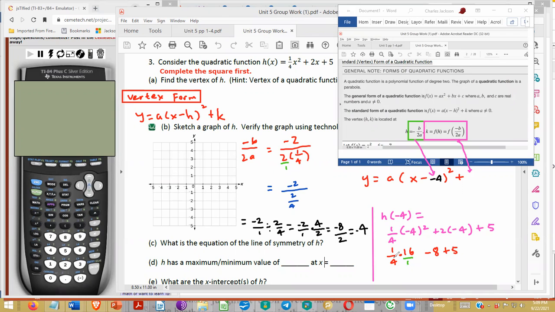Sixteen over 4, if we multiply across, that's 4. 4 minus 8 plus 5 is 1. So 1.